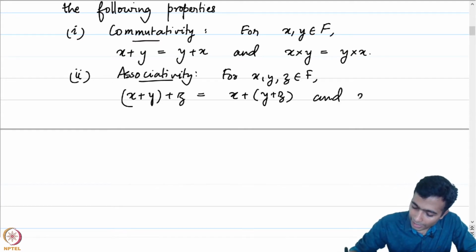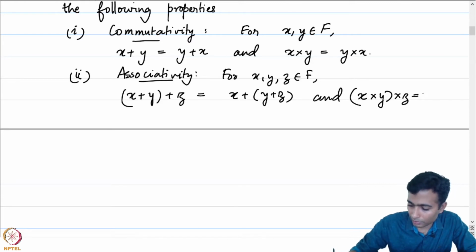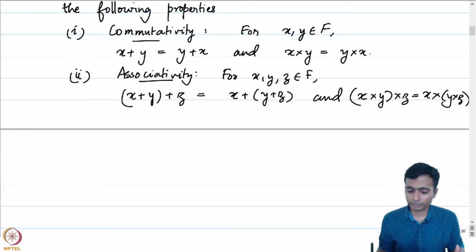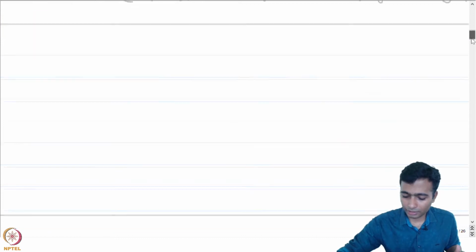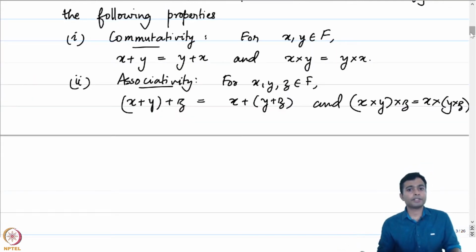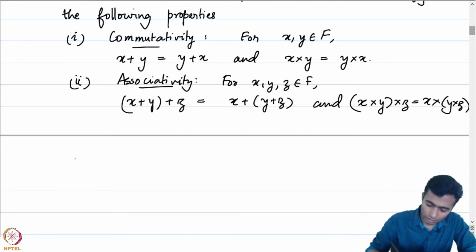Similarly, x times y, times z is equal to x times y times z. Associativity is a property which holds for both addition and multiplication.